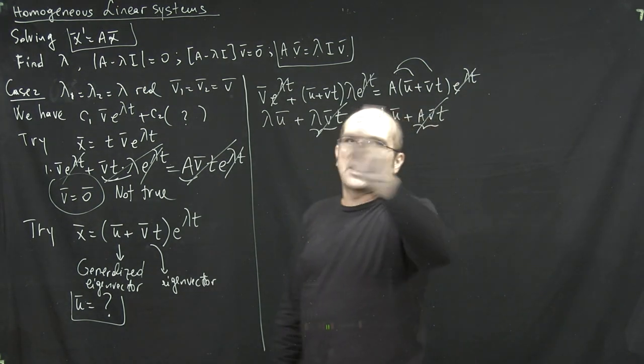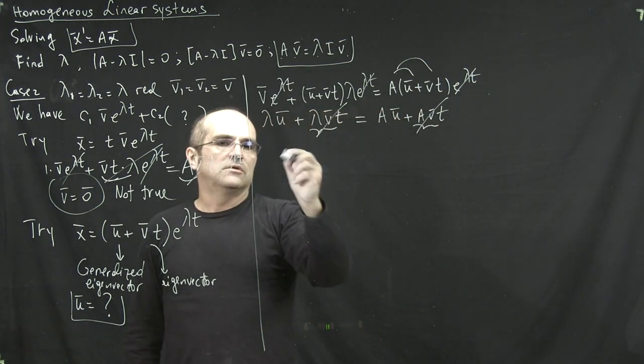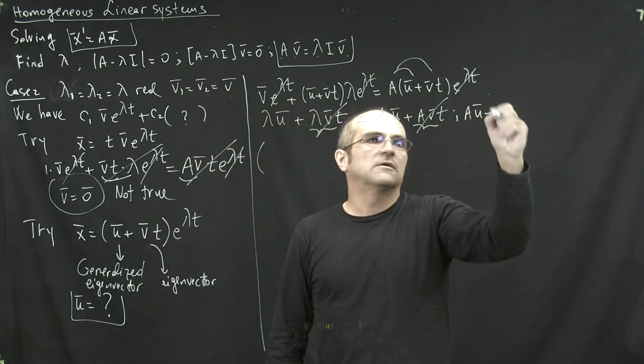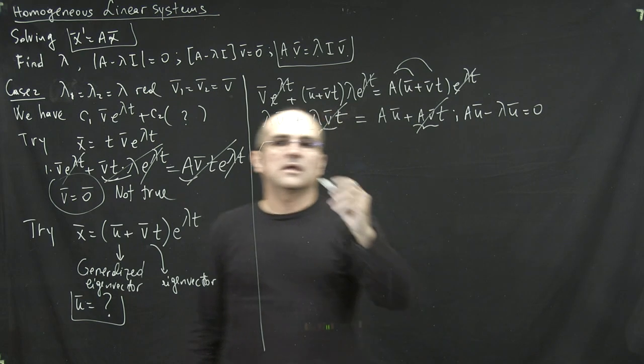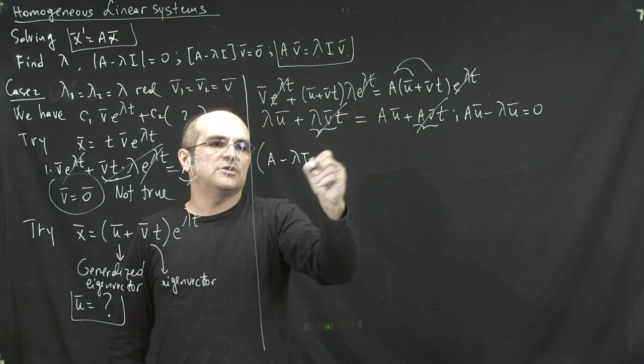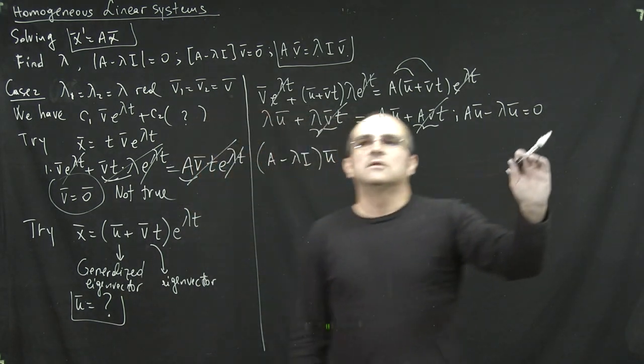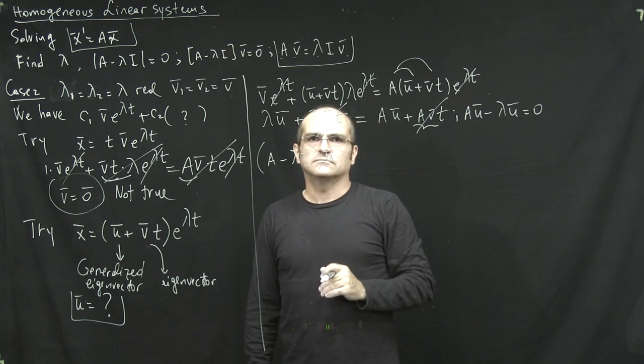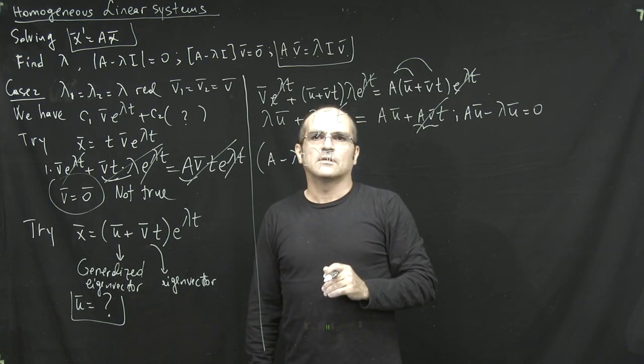And if we move this to the right hand side and pull out u, you're going to end up with A minus lambda identity matrix times u equals v.